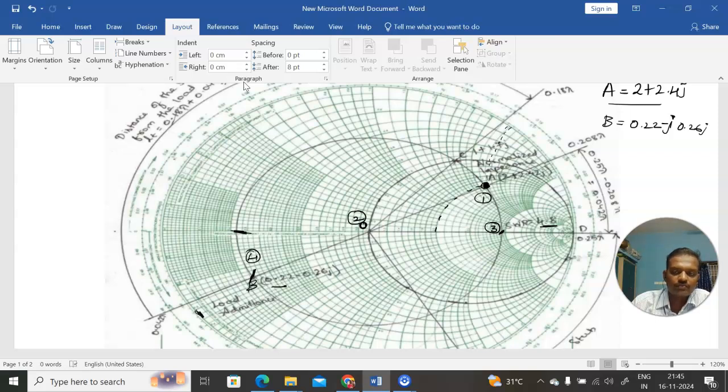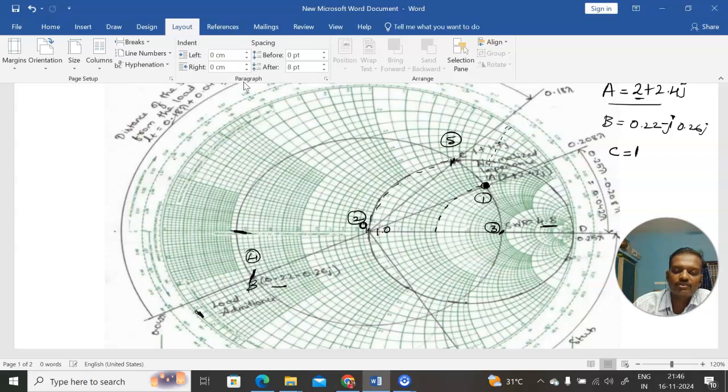Now we are going to find the C value. So this is our step 5. So the C value is nothing but you are moving the real value of A into 1. So the point here is moved to here. You could see a dark circle or line which intersects the S circle, from the center O, which is nothing but 1.0.